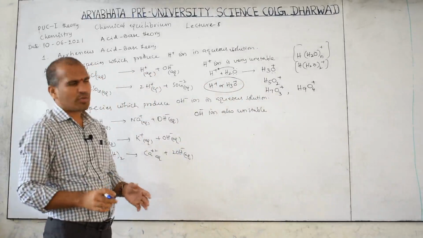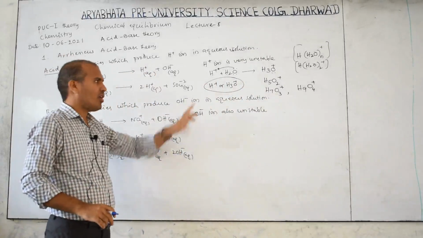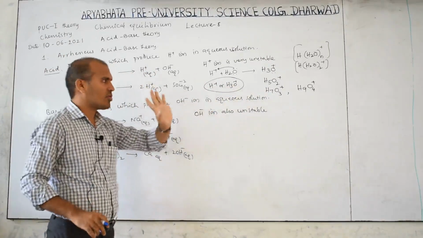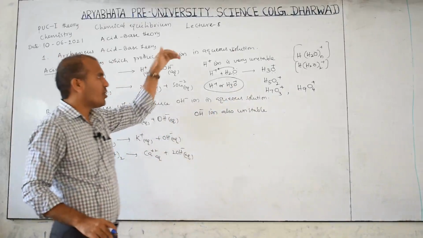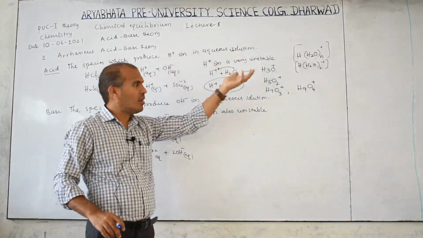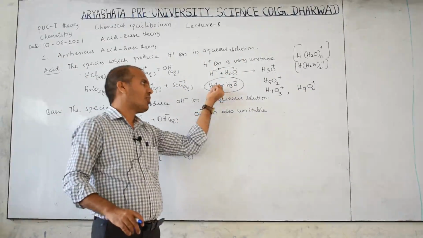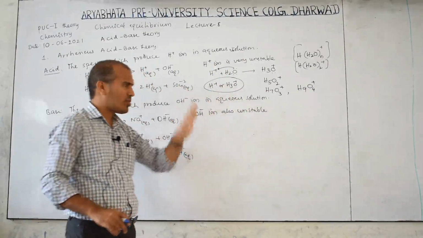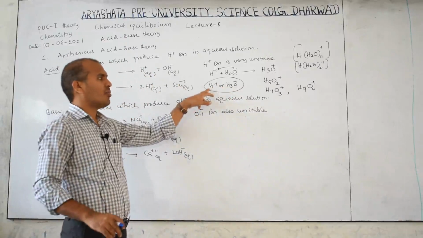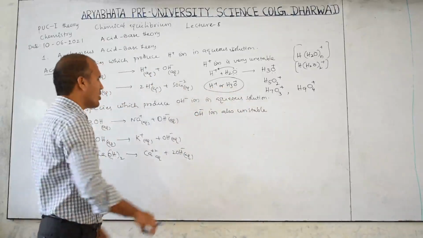So don't confuse, we can use any, but frequently you can use this one or this one. Then you may ask, sir, already you told that H plus is unstable, but sometimes for easy purposes H plus is good, therefore H plus also we can write, H3O plus also we can write, no problem.